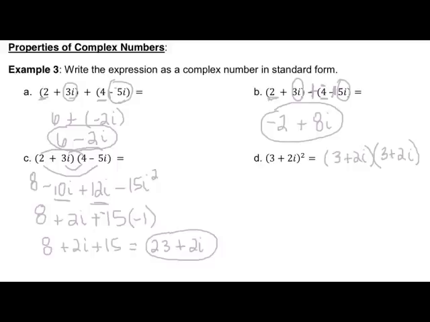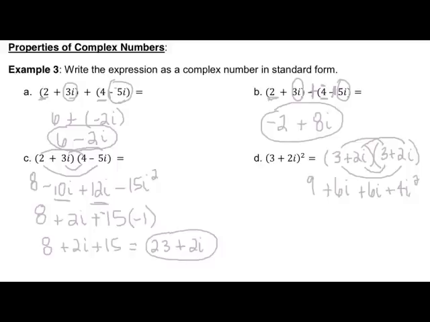So then we're going to multiply just like we did for part C. So 3 times 3 is 9. 3 times 2i is 6i. 2i times 3 is again plus 6i. And last, 2 times 2 is 4. i times i is i squared, so 4i squared.